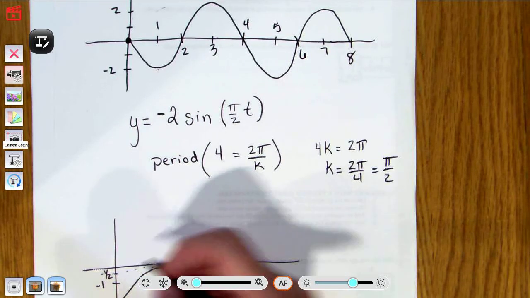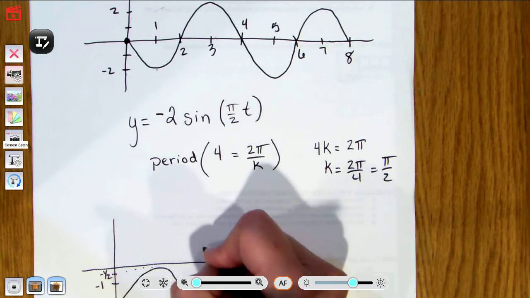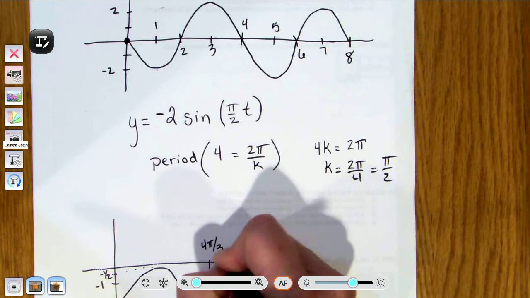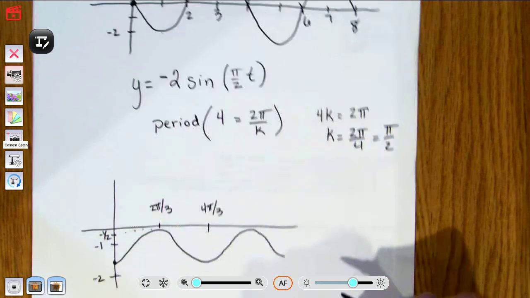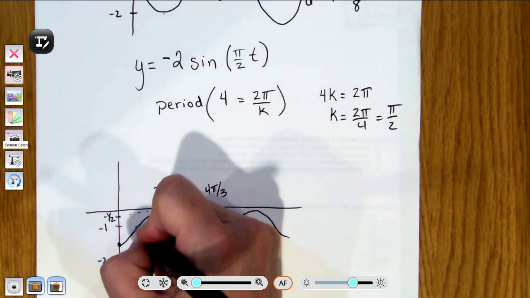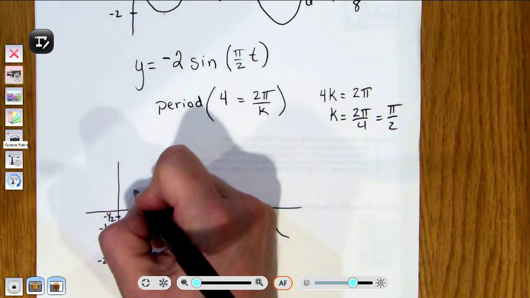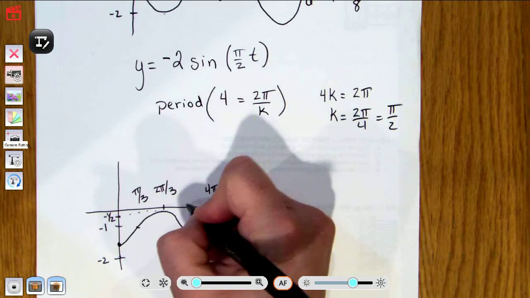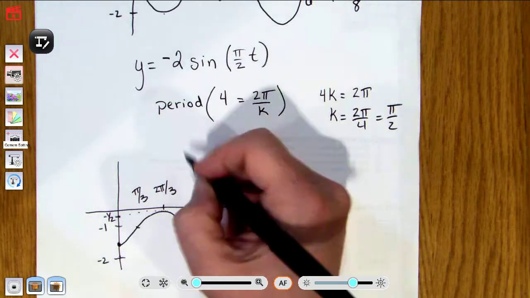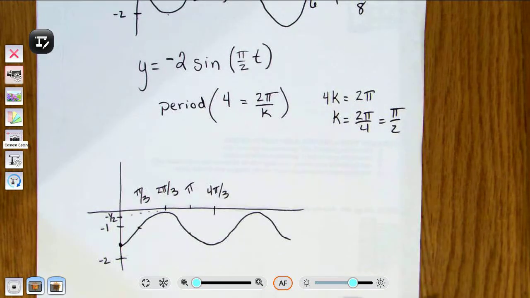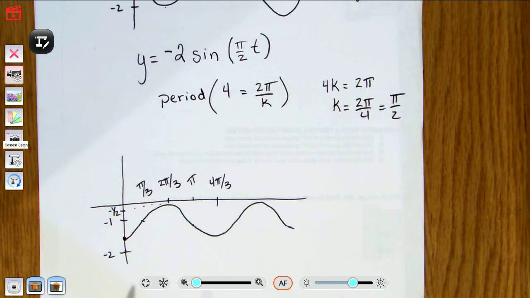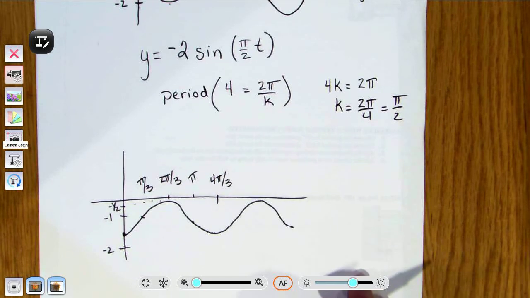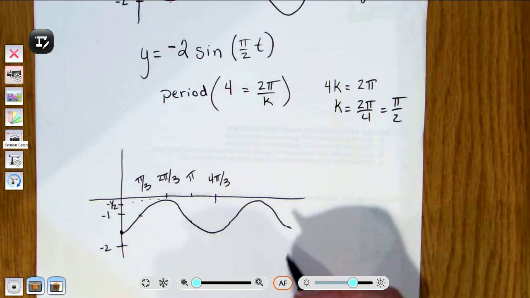And we're going to say this point here is 4 pi over 3. This point here is 2 pi over 3. This point here would be pi over 3. And this point here, which is right there at 1, which is pi. Hopefully you guys can understand my curve. It is drawn pretty poorly, and I apologize. I'm not an expert sketcher.